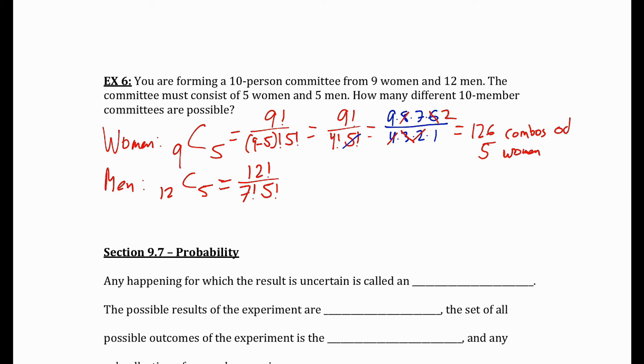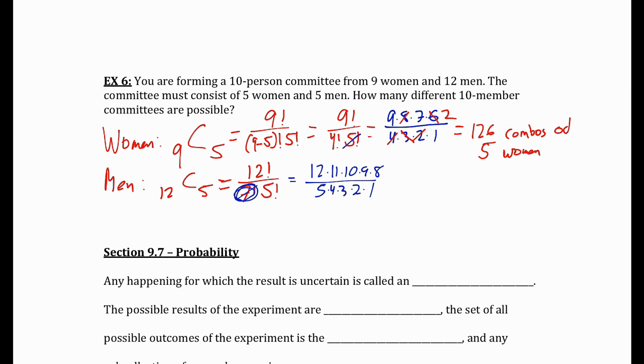Now again, canceling as much out as we can so we don't have to write quite as much. 7 factorial is 7, 6, 5, 4, 3, 2, 1, which the numerator would also have. So we're just going to get 12 times 11 times 10 times 9 times 8, divided by 5 times 4 times 3 times 2 times 1.